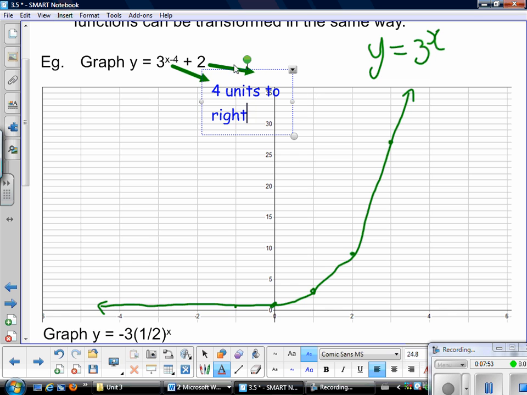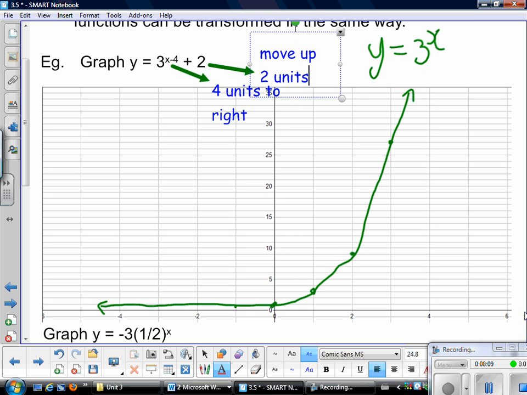And also our +2 means that the whole graph moves up 2 units. And I'll just move that over so you can see that.